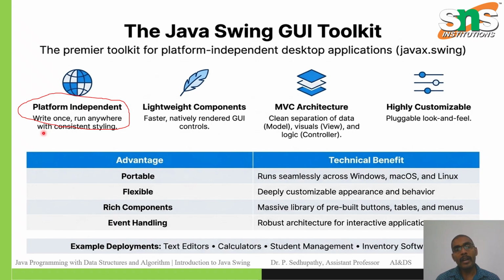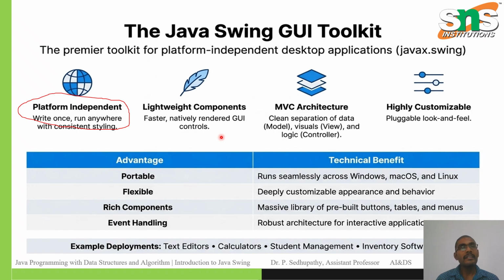Java is always platform independent, so likewise Java Swing is also platform independent. Once you create an application using Java Swing, you can deploy and use it everywhere. The second thing is that it's a lightweight component, very fast, and any type of user can control Java Swing based applications.